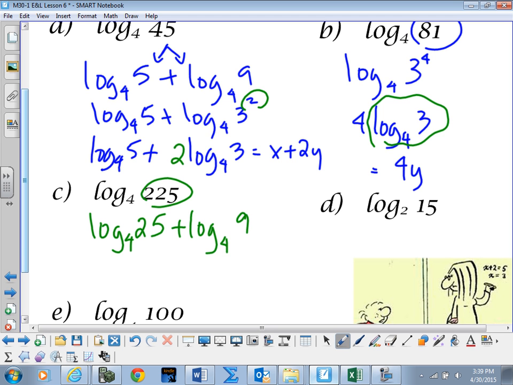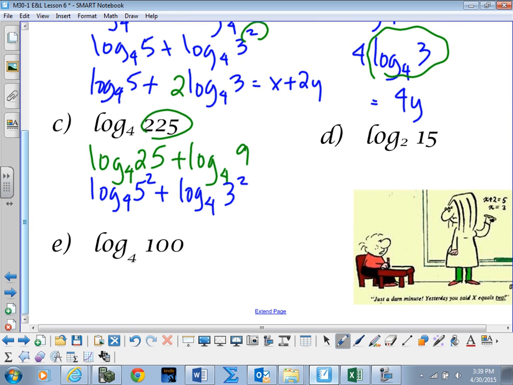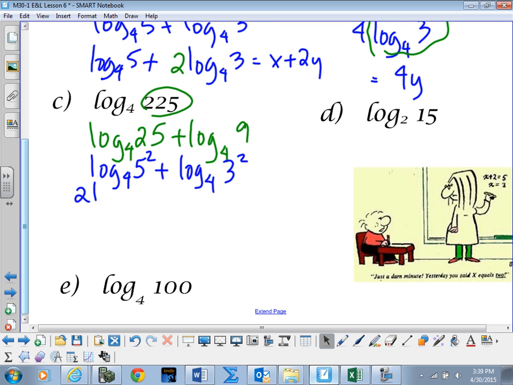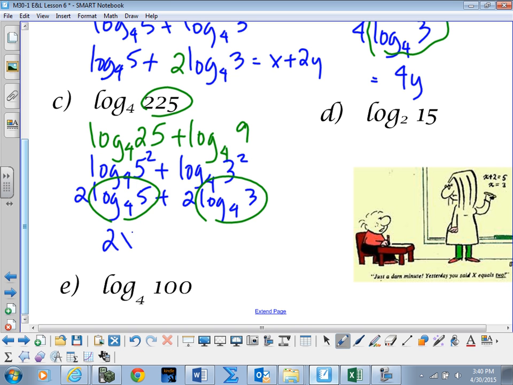So you see just from the last examples what we're going to do here. This is going to be 5 squared. This is going to be 3 squared. The 2 is going to move in front of the log. Let me move this out of the way. Now we have our values of x and our values of y. So we can write this as 2x plus 2y.